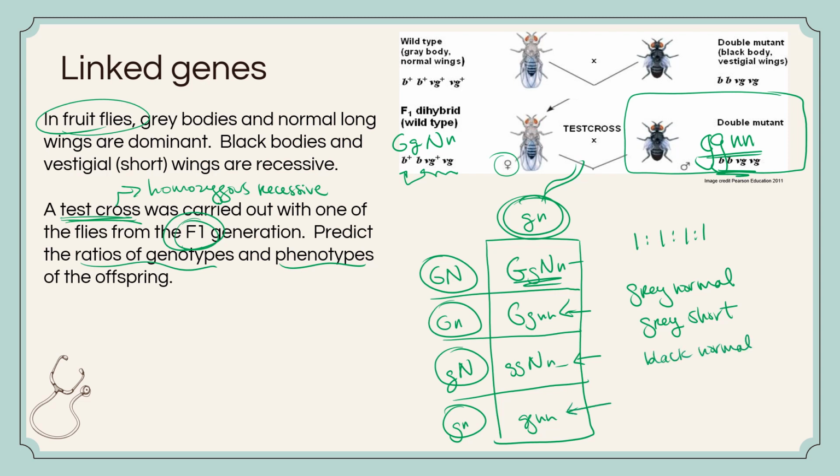And a fourth of our offspring should be black with short wings. So we should have a 1 to 1 to 1 to 1 ratio. 1/4 of the offspring should be each of those combinations of traits. Hold on to that idea because we're going to look at what actually happened when we put those flies together.